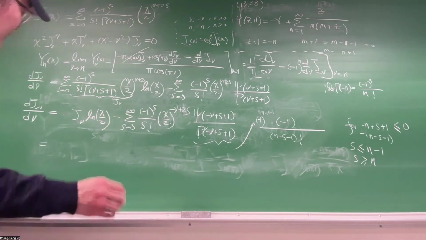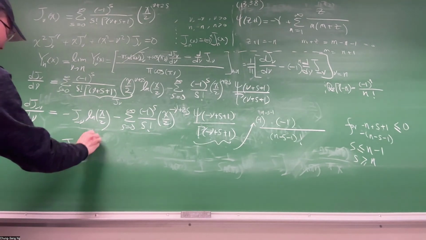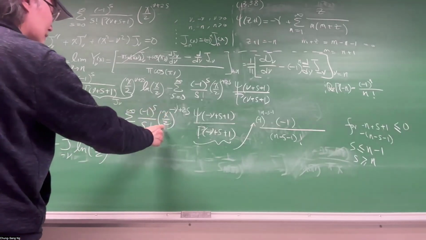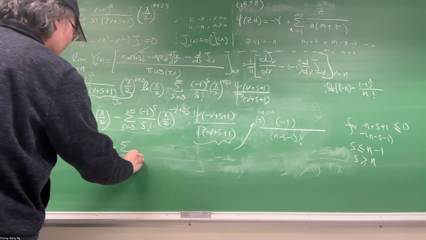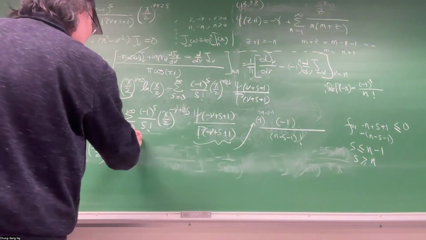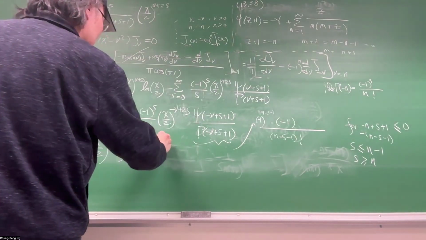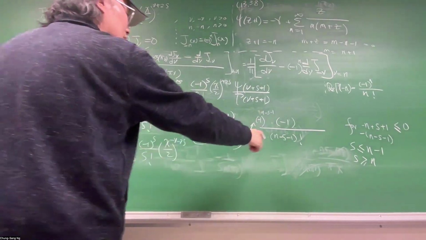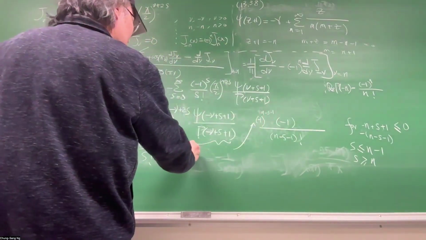I'm just right at time, so probably I cannot totally finish it, but just to sketch the idea. You have one term, the sum over s from 0 to n minus 1, and then you have minus 1 to the s power, s factorial, x over 2 to the minus mu minus 2s. And whatever this ratio is, you can use minus 1 to cancel that.